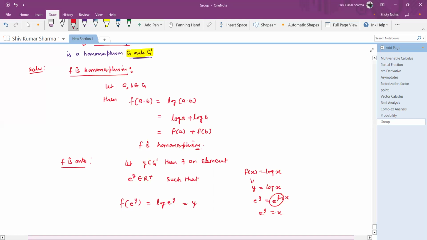So the image of e raised to the power y is y. Hence f is onto.